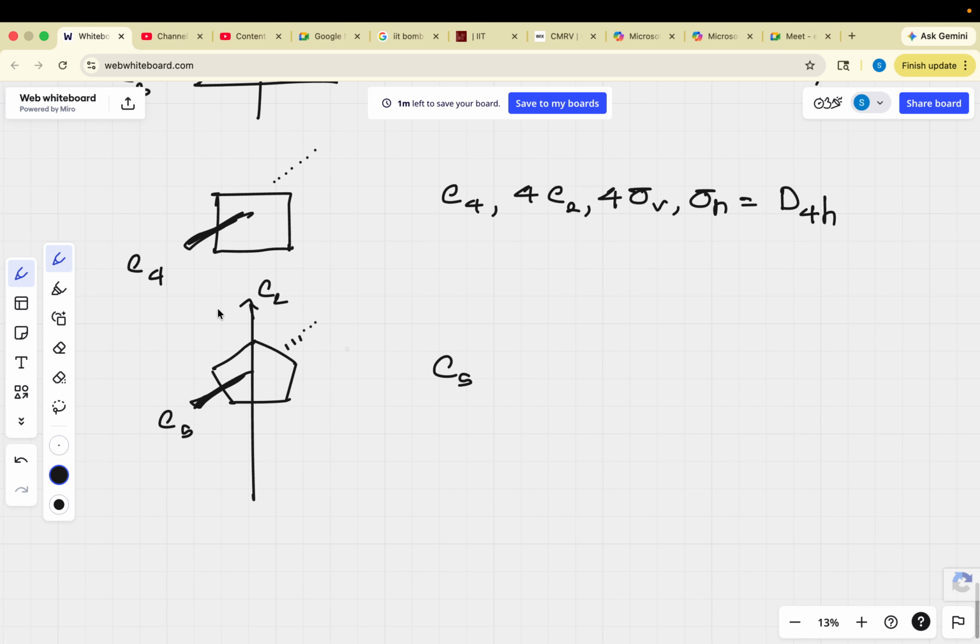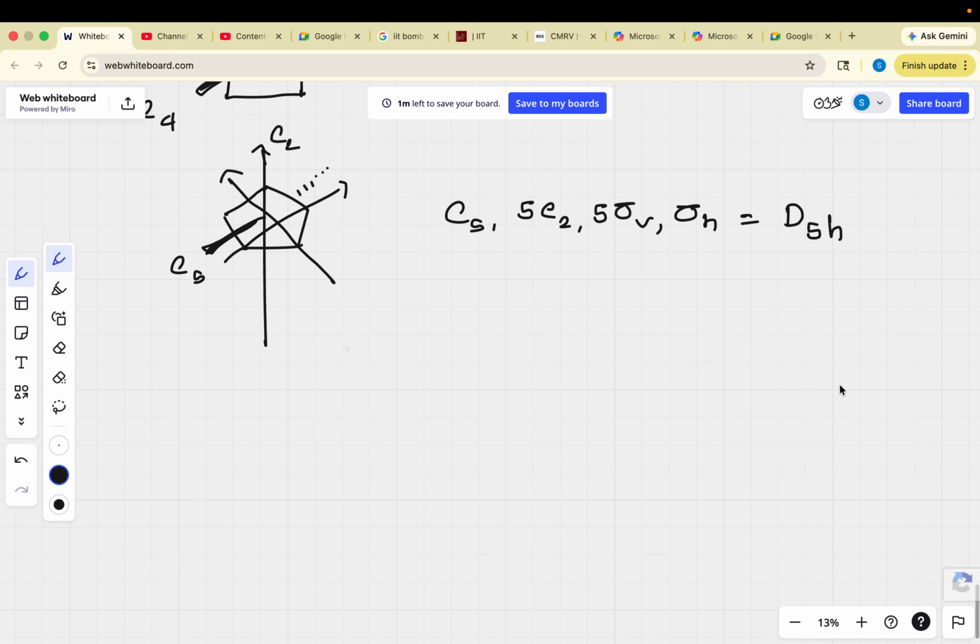If you rotate the molecule 180 degrees, you will get an equivalent structure. Similarly, along this also you will have one C2, and along this axis also one C2. So you have a C5 axis, then 5 C2, 5 sigma V, as well as sigma H. So again you will have the D5H point group.